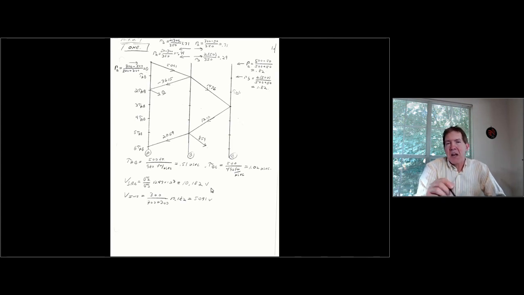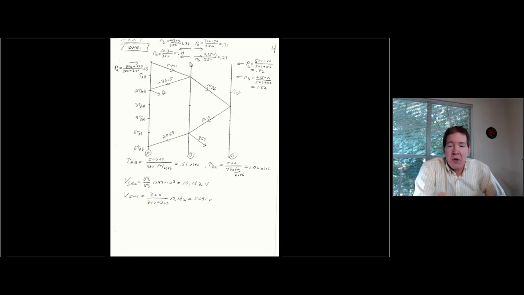So probably not a big deal on distribution, but it would be a bigger deal on transmission, especially higher voltage transmission. So anyway, I can go ahead and calculate all the various reflection and refraction coefficients.